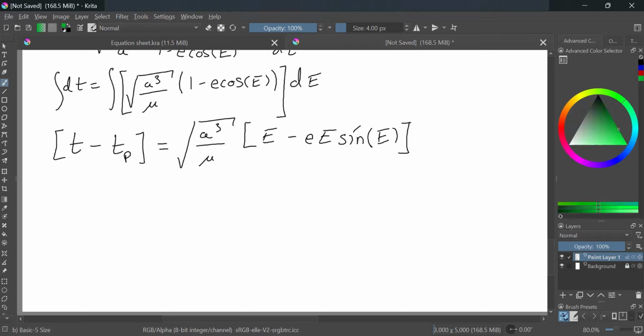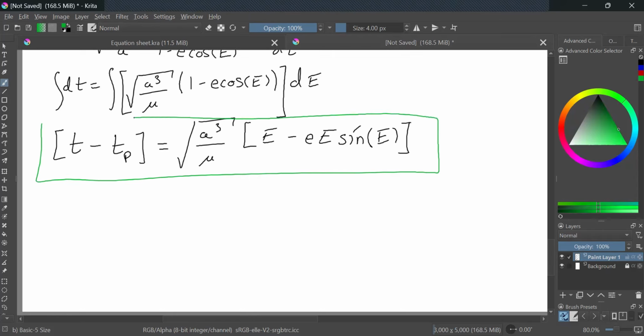With that note out of the way, we have our time, I guess this is a delta t equation. We have the time from periapse to a particular point. As a note, you will see that we have two eccentric anomaly angles that are outside of a trig function.